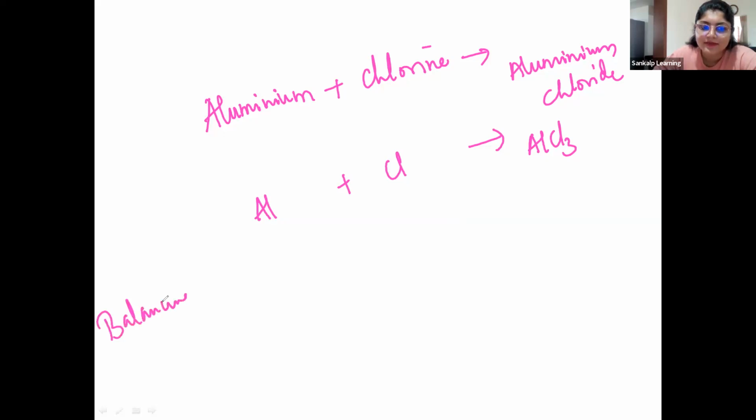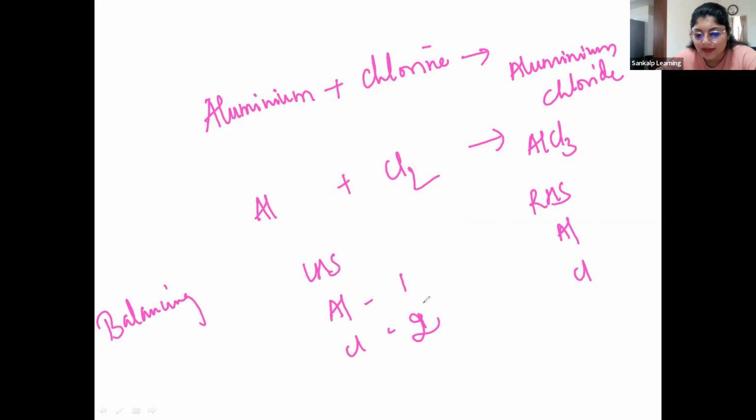Balancing, LHS and RHS. LHS has aluminium and chlorine, and RHS has aluminium and chlorine. Aluminium is 1, chlorine is 1. Sorry, it is Cl2, so it will be 2. Then aluminium is 1 and Cl is 3 here. I'll multiply this by 3, so chlorine becomes 6.